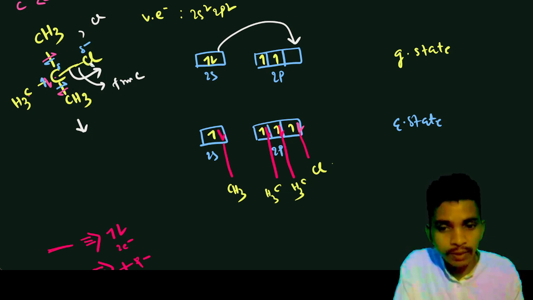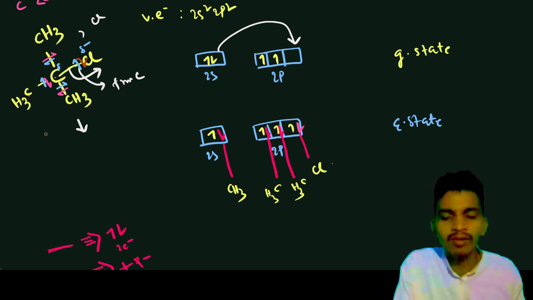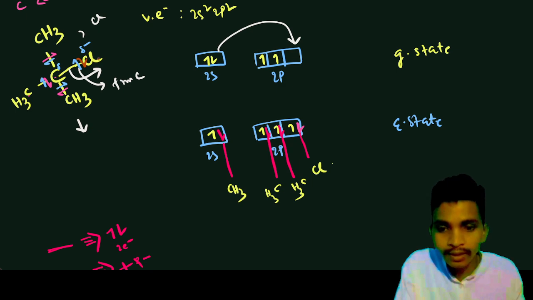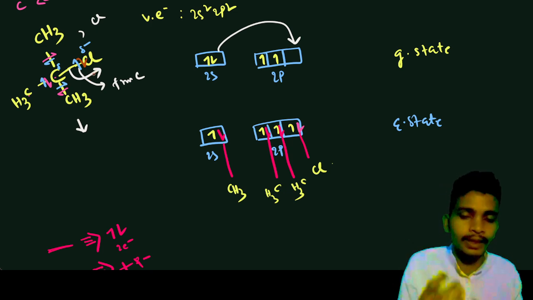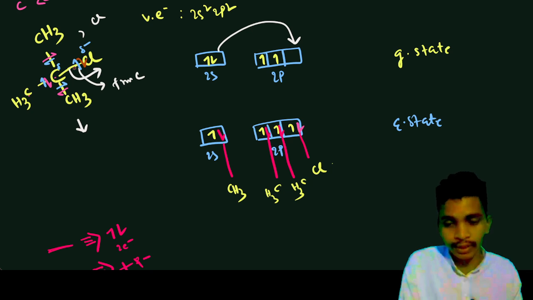Due to chlorine having more electronegativity, the carbon's electrons are also shifted more towards the chlorine atom. So the chlorine takes the electrons of the carbon and its own electrons and leaves. It takes the electron from the carbon also. If that carbon lost one electron, this carbon gets a positive charge.